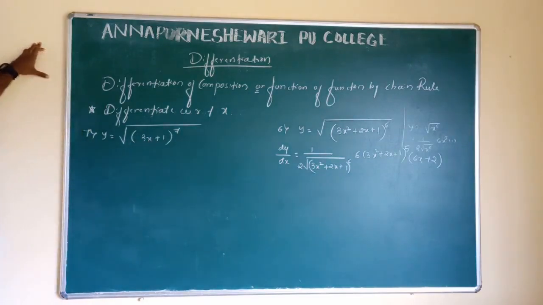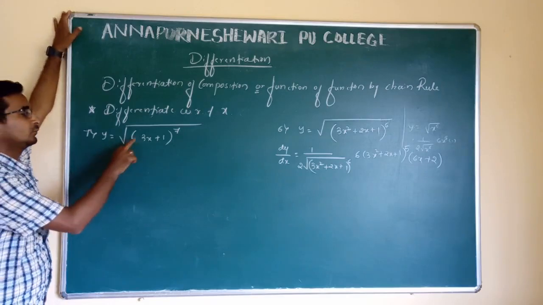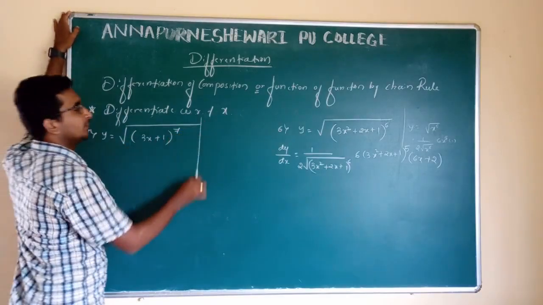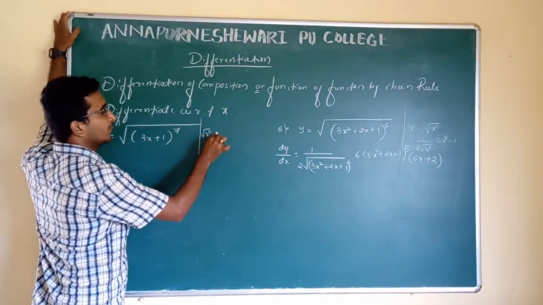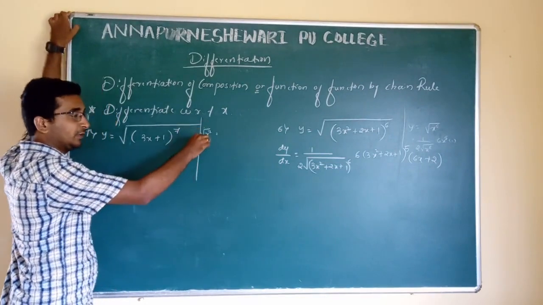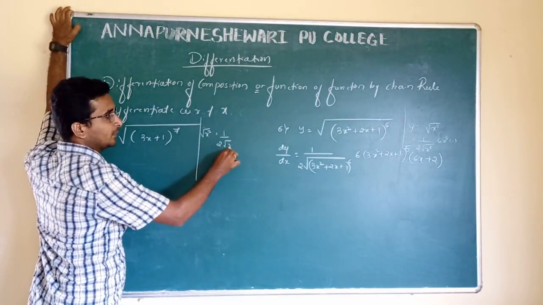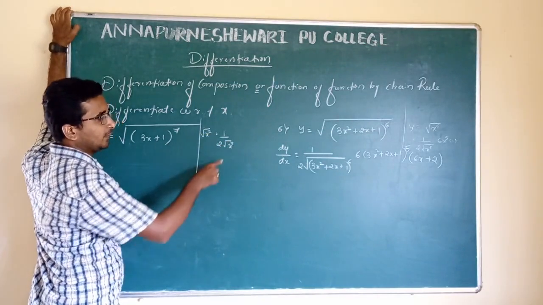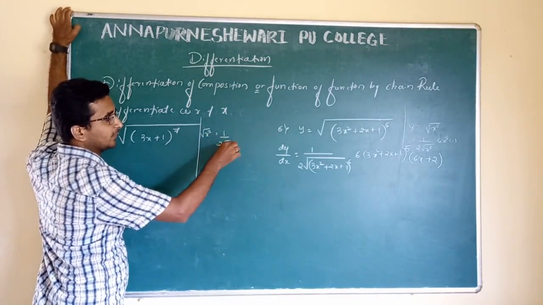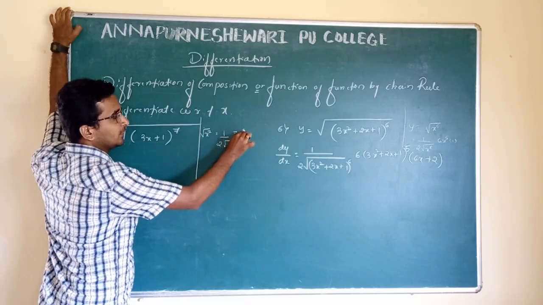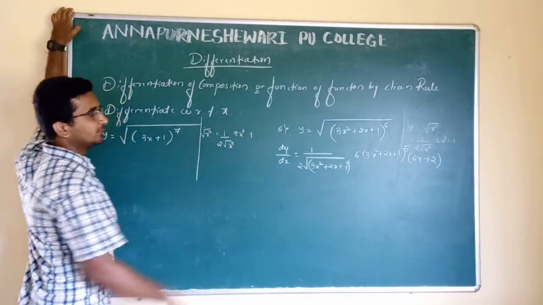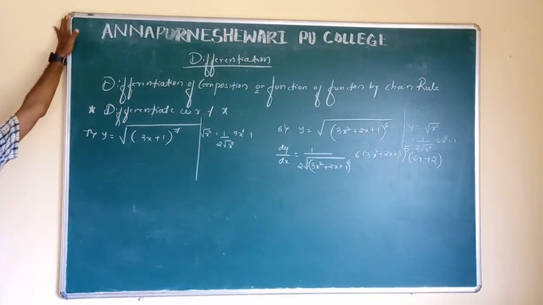Then how are we going to differentiate? This one is nothing but root of x raised to 7. From outer side to inner side we have to apply. This is root of x, that is 1 divided by 2 root of x. Then x raised to 7 is 7x raised to 6. Then x differentiation is 1. Like that we are getting.